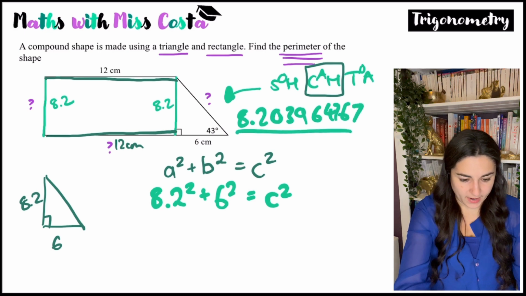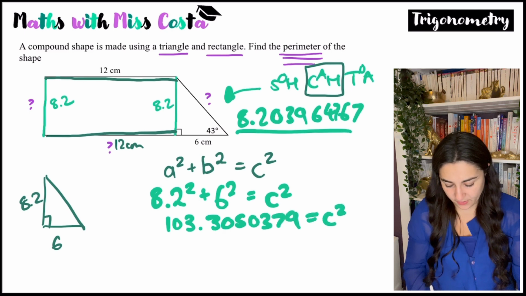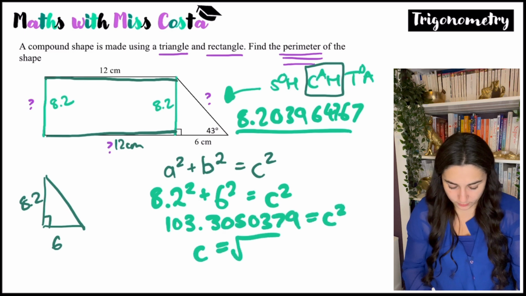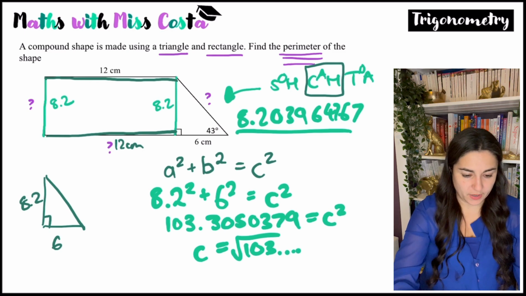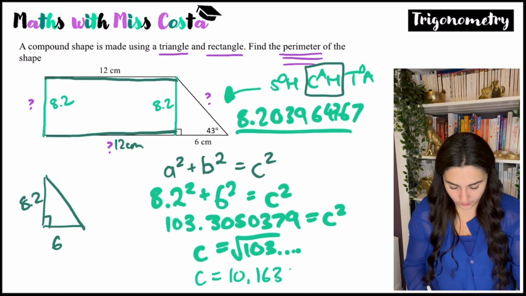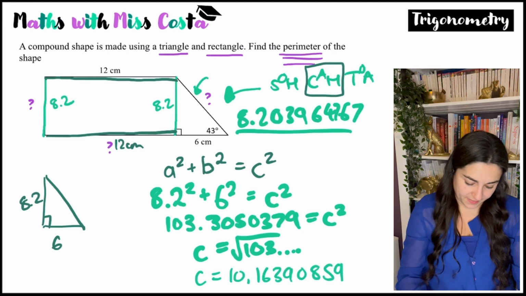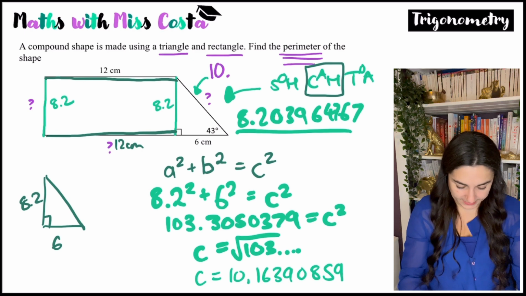So I'm going to square that, plus 6 squared gives me 103.3050379 equals c squared. So therefore c must be the square root of this. So I'm going to do square root of answer. C is 10.16390859. So this length here is 10.16, let's say.